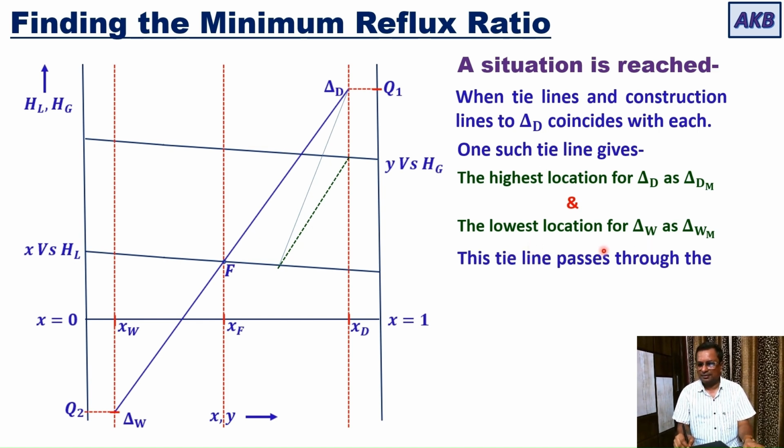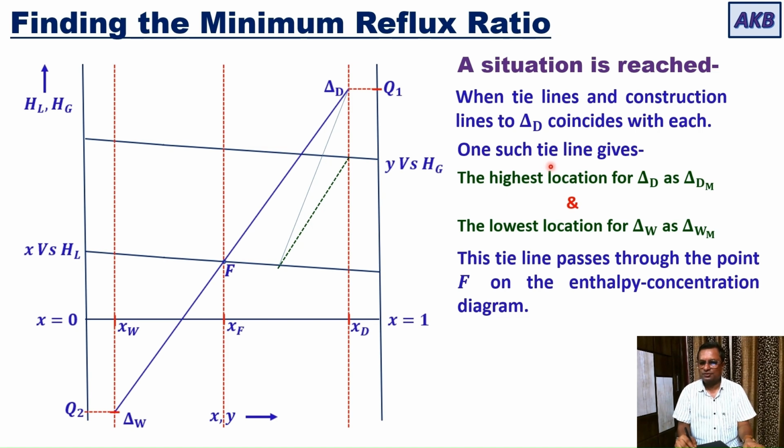So this tie line, the tie line that we are talking about, first coincides with the construction line, then it gives the highest location for delta D at delta DM, and at the same time it gives the lowest location for delta W at delta WM.